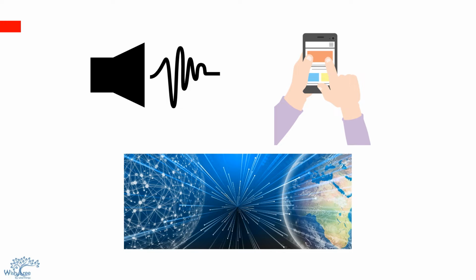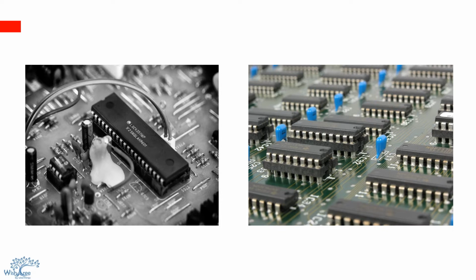Now, these are different functions that a mobile phone is doing. For each of these functions, there are dedicated ICs inside that mobile phone. So the mobile phone that you're seeing has many different ICs embedded inside it, working in a symphony to create a modern appliance like a mobile phone.